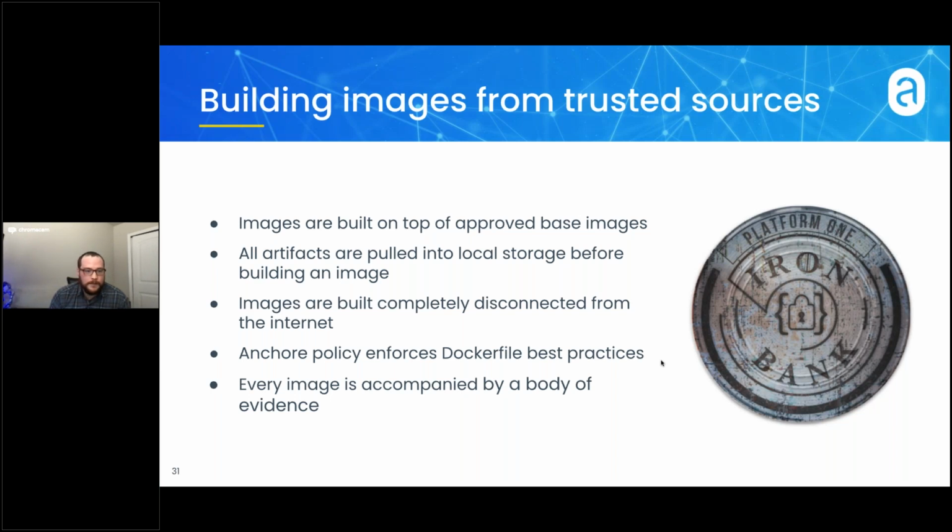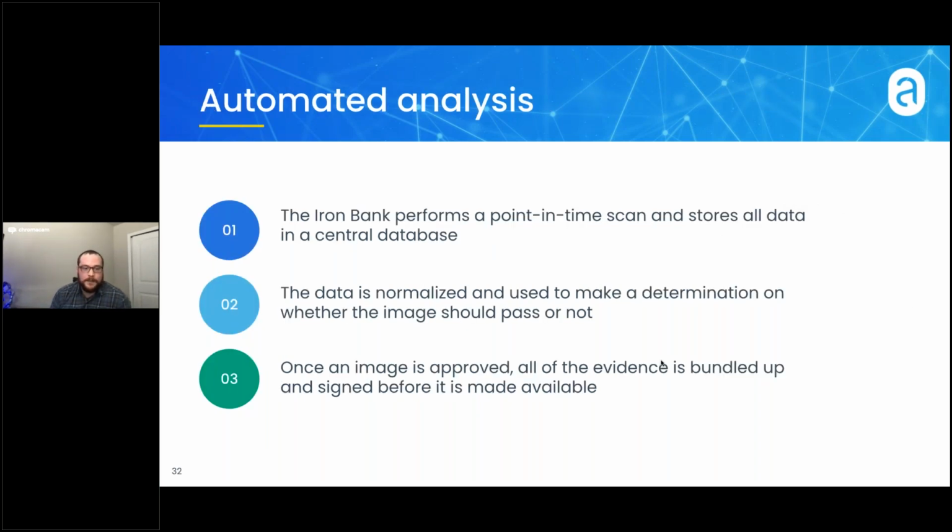Next slide. Finally, the automated analysis of all this data made available during the pipeline. Now, the Iron Bank doesn't have a fully automated system, and that is on purpose because it's providing software to the DoD, and it is a requirement that there be a manual analysis and sign off on these images. The Iron Bank performs its point-in-time scan of a container, and then it provides all of that evidence to an approver.